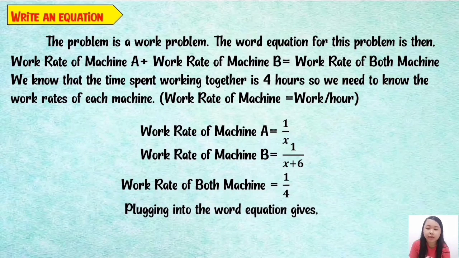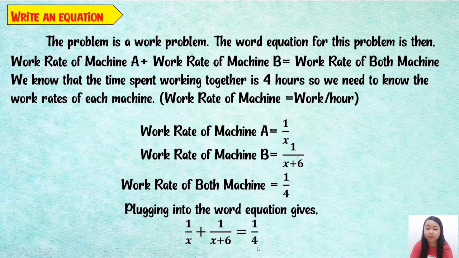And then plugging it into the word equation: work rate of machine A plus work rate of machine B equals work rate of both machines. So here are the work rates of each machine and the work rate of both machines. So we have 1 over x plus 1 over x plus 6 is equal to 1/4.